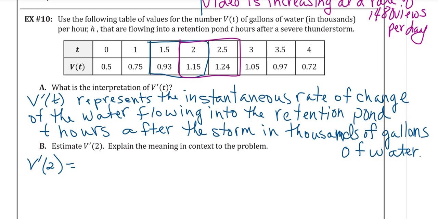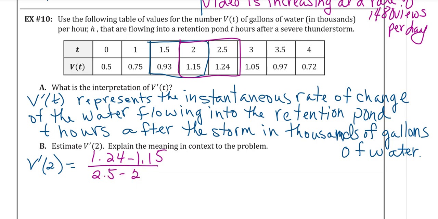So starting with the red one, since I have that circled last, I'm going to do 1.24 minus 1.15, over 2.5 minus 2.